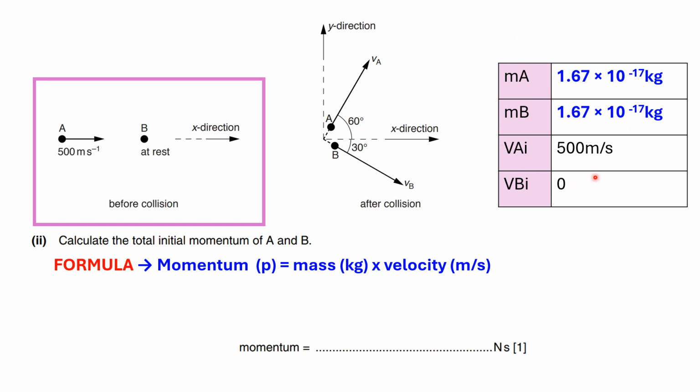In this table, we have the information that we need to answer this question. The mass of A and mass of B are equal. The initial velocity for particle A is 500 meters per second, and particle B is at rest, so its velocity is 0.